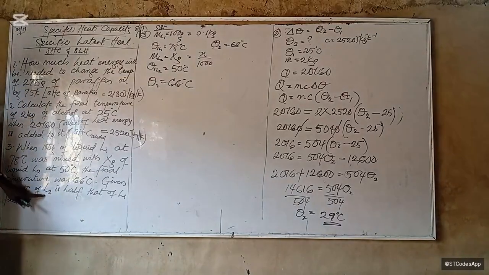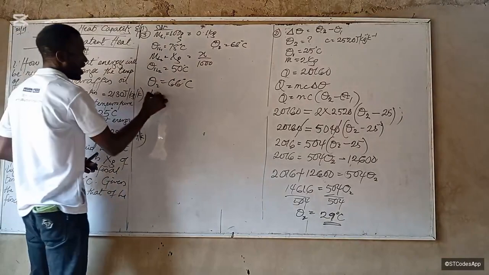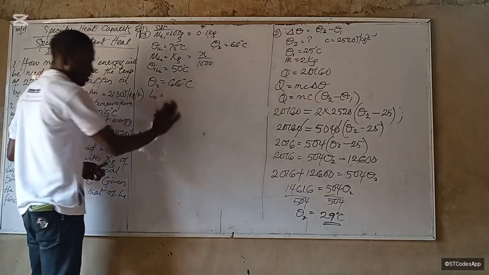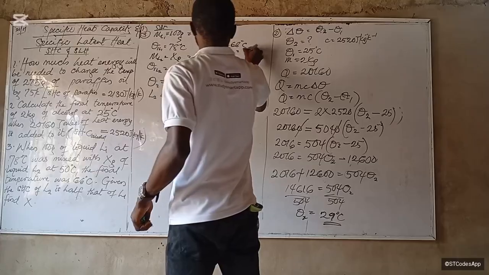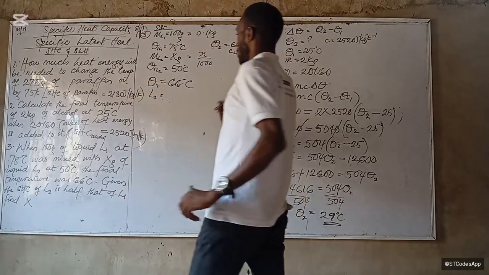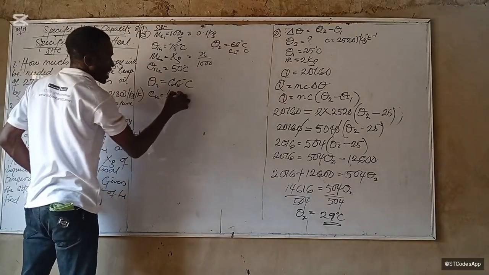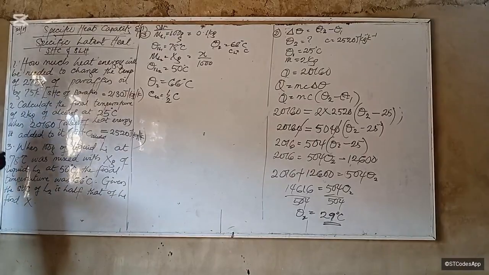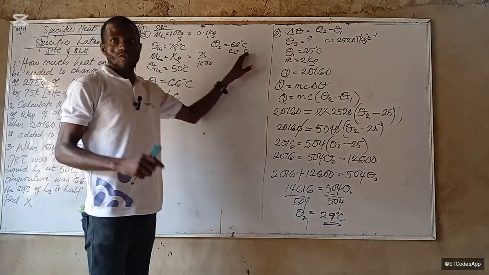Given the SHC of L2 is half that of L1. So the SHC of L2 is equal to 1 over 2 C. Let's say the SHC of L1, we call it C, since SHC is always represented by small c.